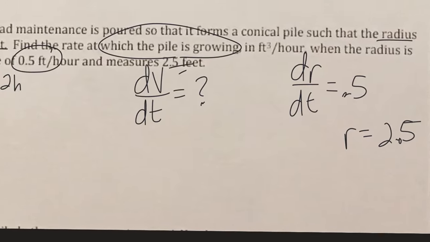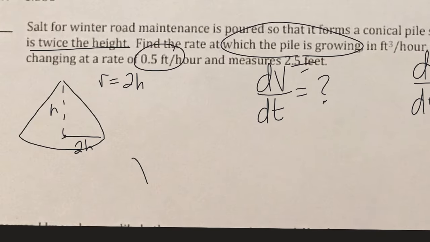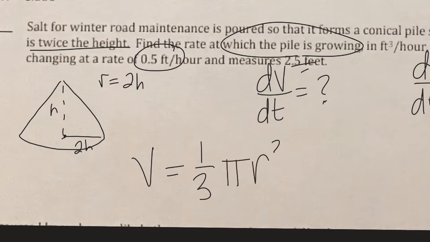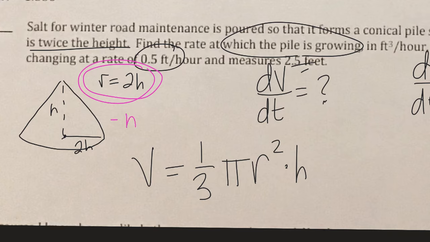So we have all this radius information, so we want to have a volume formula with just radius in it. So pi r squared times h. Okay, so we're going to come up here and look at our h-r relationship. We know that the radius is 2 times the height, which means the height must be half of the radius. So instead of my h here, I'm going to put an r divided by 2.